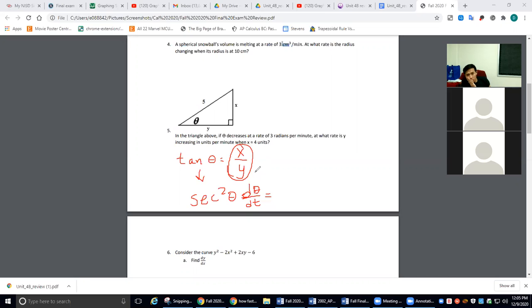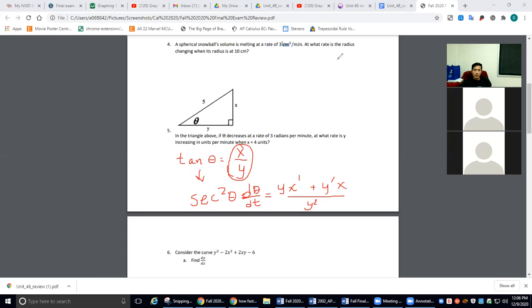Quotient. Thank you, quotient rule. So remember that we do a quotient rule. This is going to say y times x prime for this moment right now, plus y prime x over y squared.